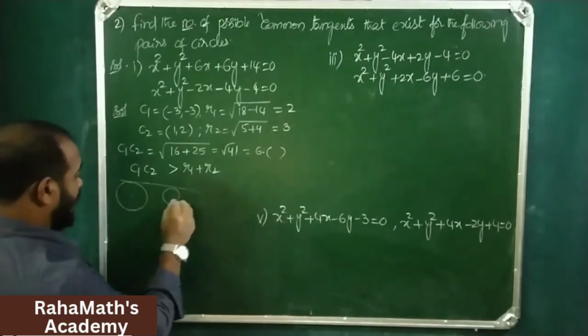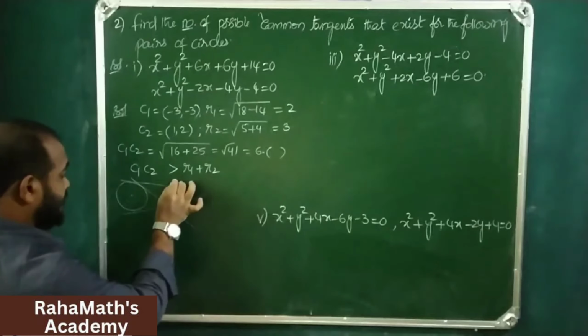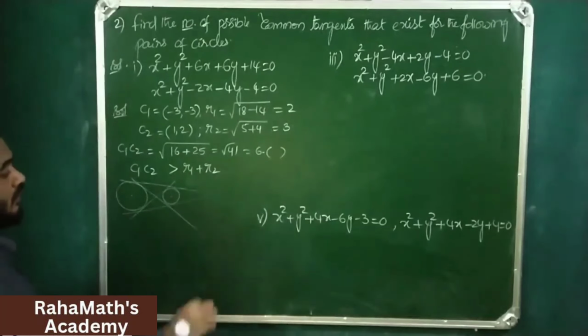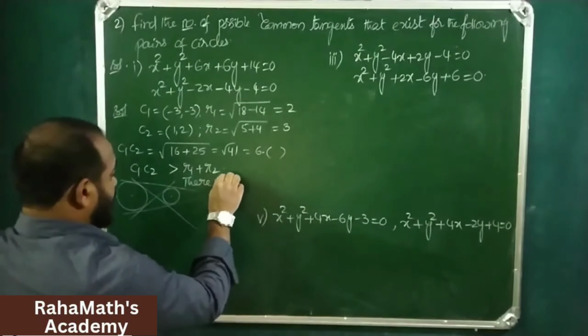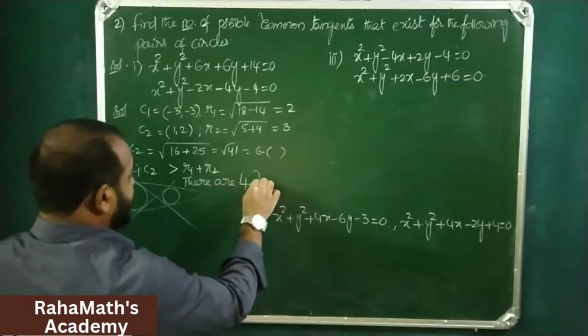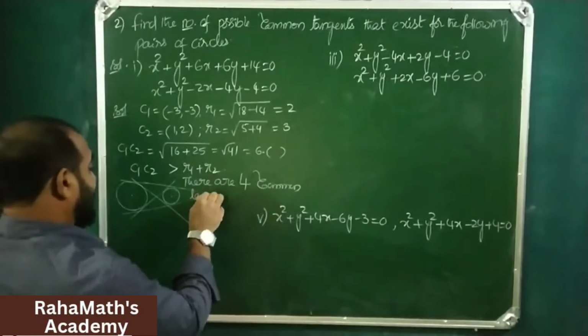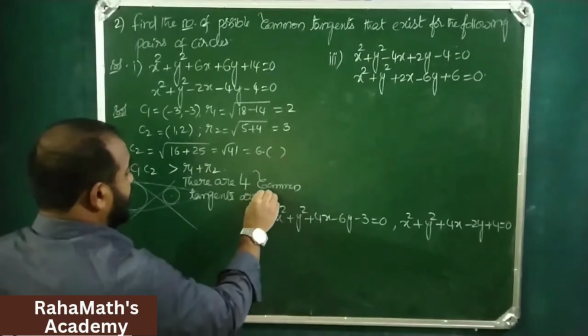Therefore 1, 2, 3, 4. So how many tangents are possible? 4 common tangents are possible.